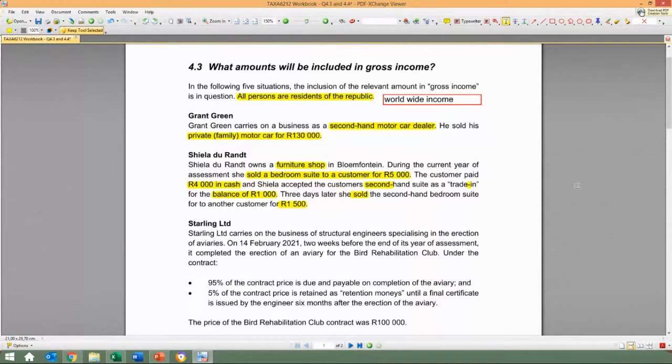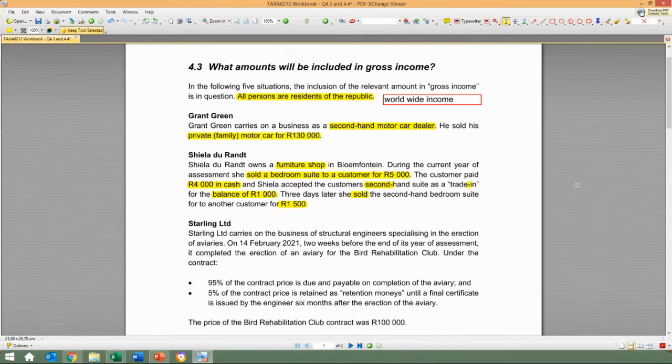Okay, so amount received or accrued. That's partially it. What's the main one you think will be affected here? If we look at the components, our components are residence, but we know everyone's a resident, so we don't have to discuss that. Then you've got total amount, cash or otherwise. You've got the year of assessment.